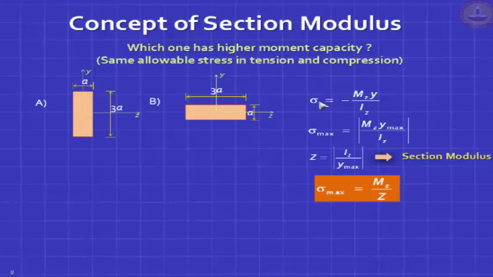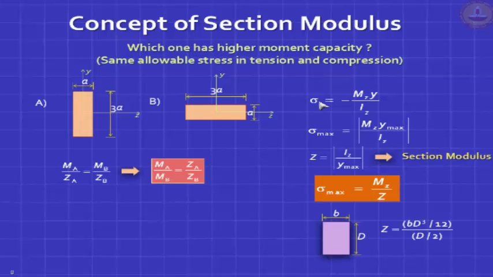Sigma max is M by Z. So all we need to know, if both the cross sections have the material with the same sigma max, then we can figure out how many times more the bending moment capacity will be. So for both the sections, sigma max is the same. So MA by ZA, A is the first section, B is the second section, must be equal to MB by ZB.